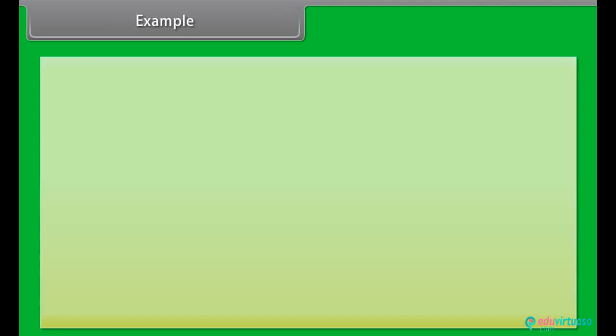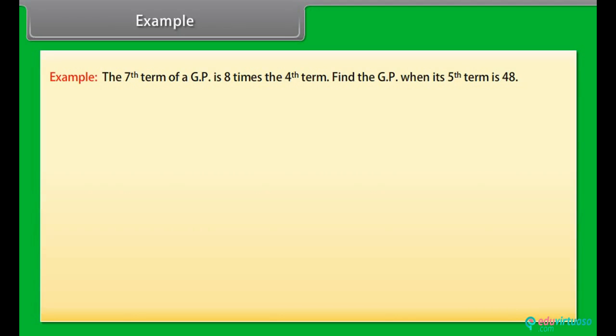Example: the 7th term of a GP is 8 times the 4th term. Find the GP when its 5th term is 48. Solution. Given that A7 is equal to 8 into A4, it implies a into r raised to power 6 is equal to 8 into a into r cube. It implies r cube is equal to 8 is equal to 2 cube.